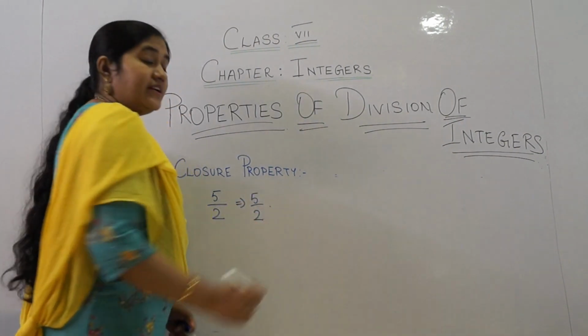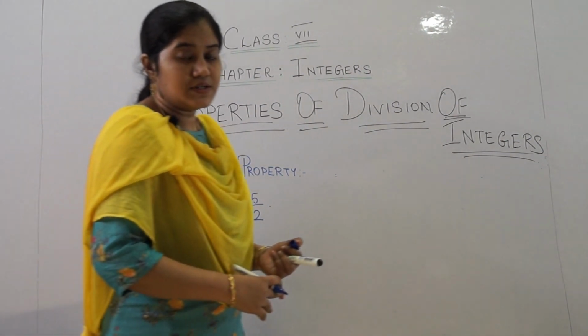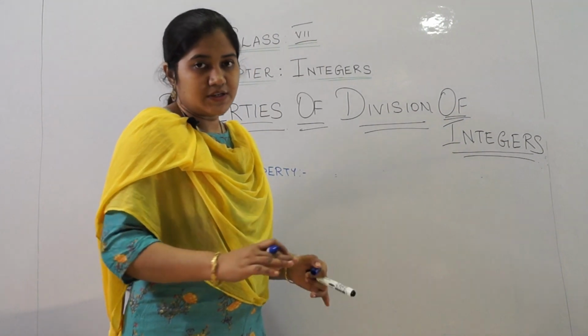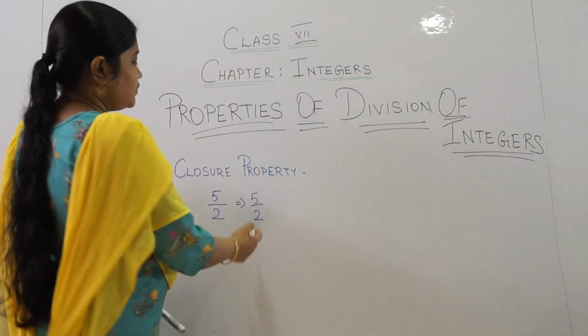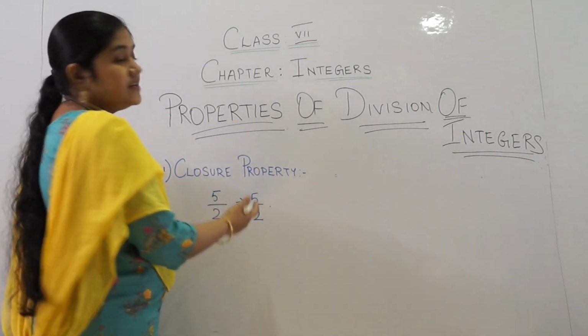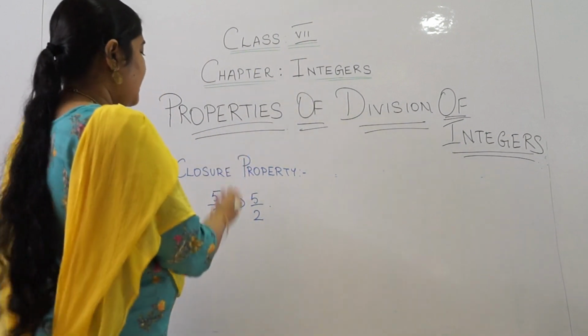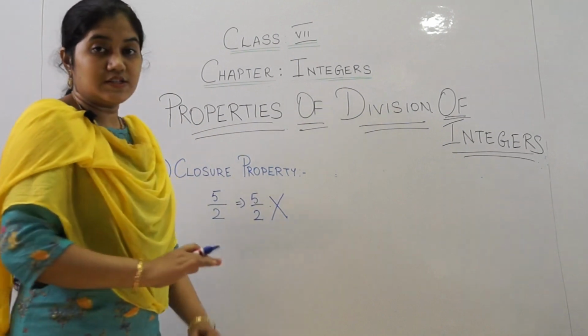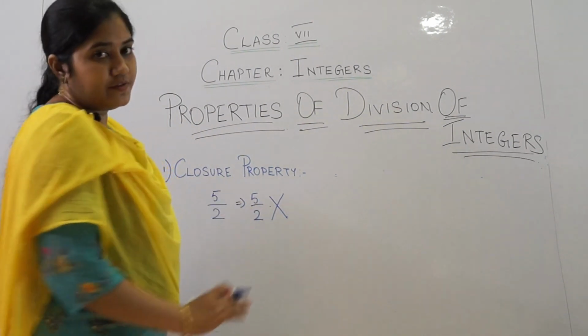Now we have already studied that fractional numbers, rational numbers and decimal numbers do not come under integers. So this 5 by 2 is in the form of a fraction, so it comes under rational numbers. So 5 by 2 is not an integer. So closure property does not hold good in division of integers.